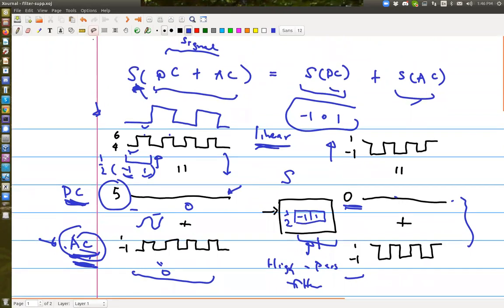Okay, let me put it here. So if I apply to this guy here, I will have the first value, it will be 2, right? And then the second value, let's see, I have here minus 1, 1 here.